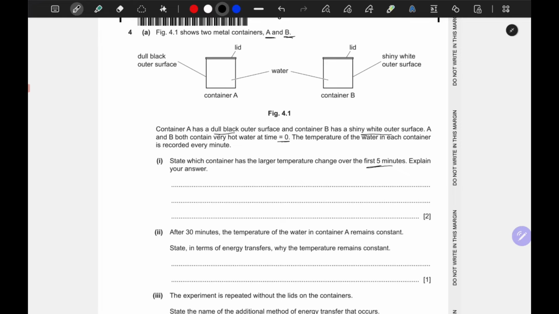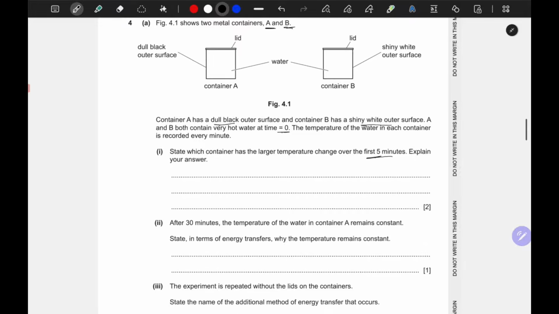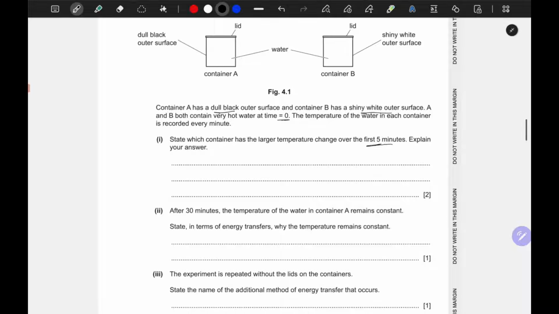Okay. Which container has a larger temperature change? We know that the temperature is going to be dropping. The one that loses its heat faster is going to be container A, the dull black outer surface. Why is that?